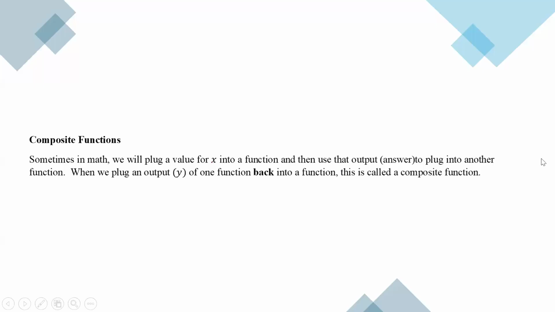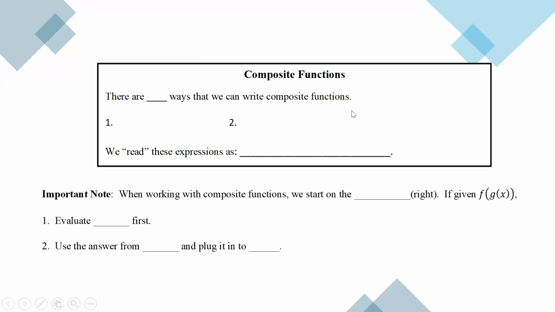All right. So do we remember there are 2 ways that we can write a composite function? Do you guys remember seeing f composed of g? Y'all remember that? That's f circle g. The other way is we can see it as f of g of x.